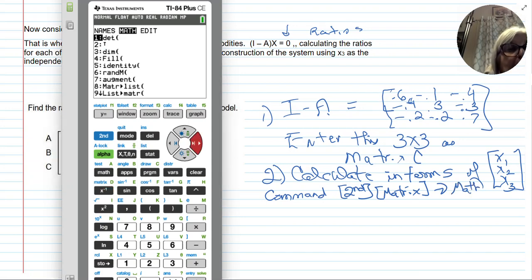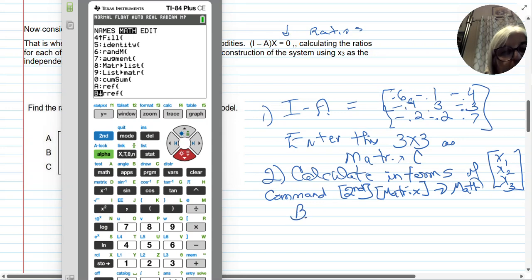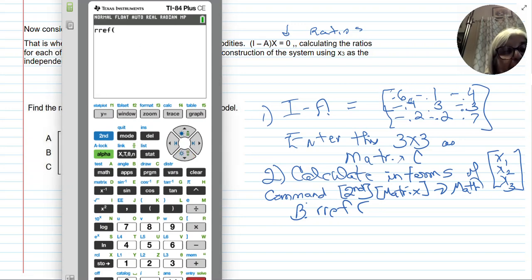On that category, I'm going to look for RREF, reduced row echelon form. And I keep going till I get it. There's REF, but I want double R. So I'm going to go to B, RREF. And I'm going to select it by enter.